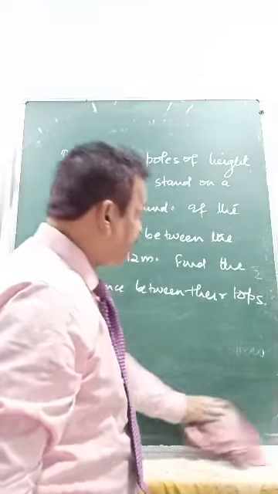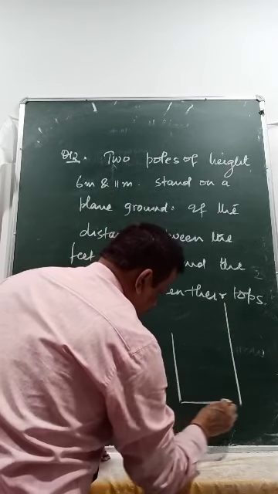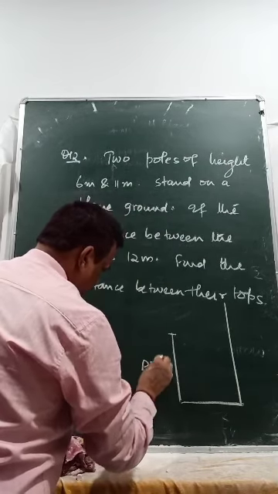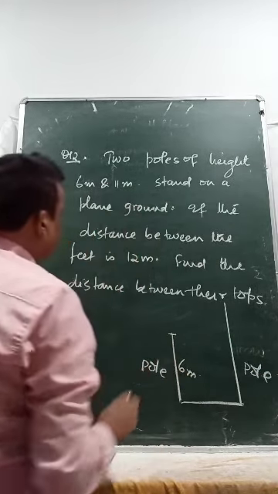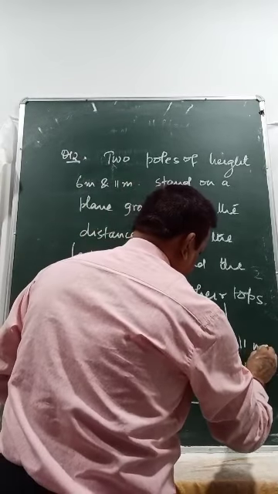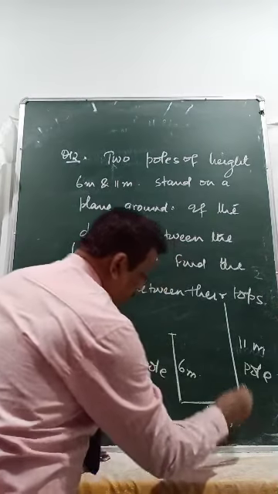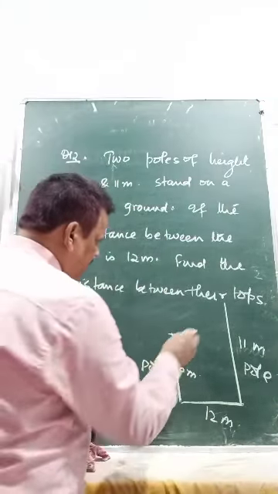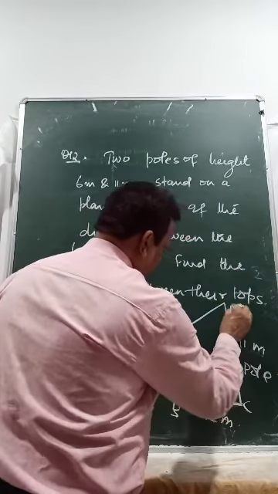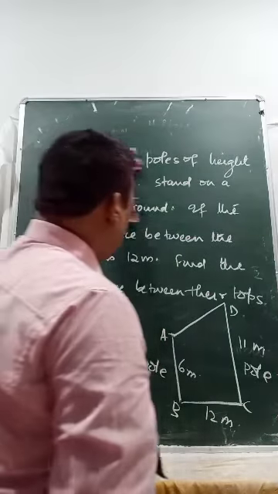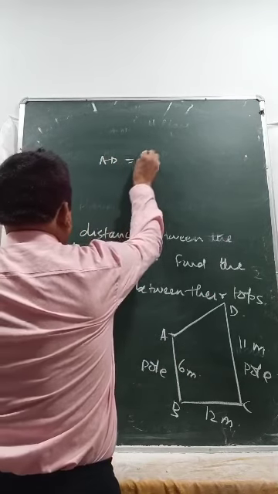Means it is like this. One pole is this, one pole is this. This is 6 meter, other one is 11 meter. Distance between their feet is 12. This is 12. You want to find the distance between their tops, means this one. A, B, C, D. You are asked to find AD.